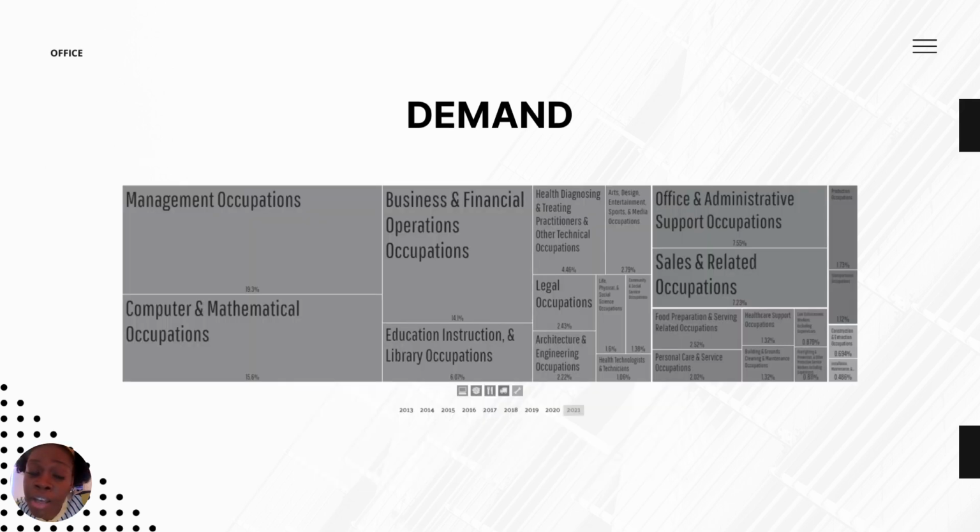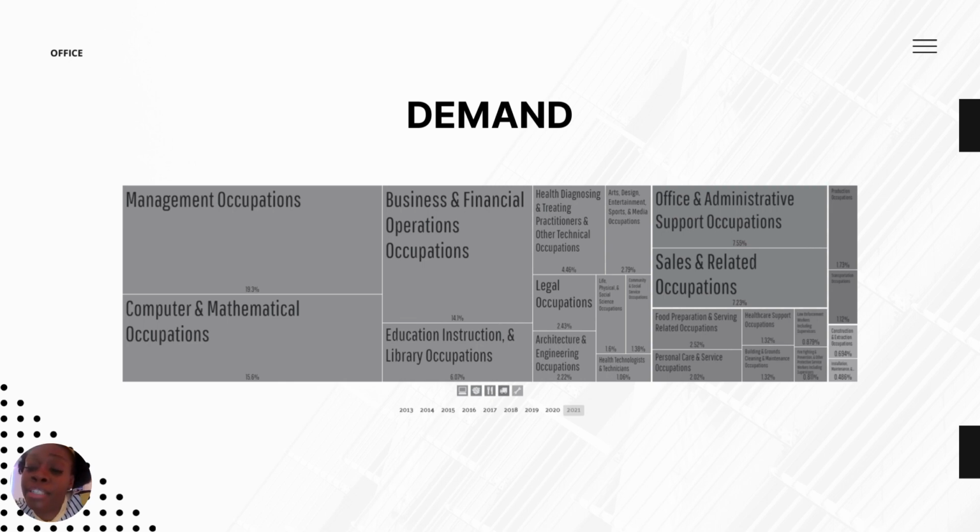So in demand, I focused on employment and the change in employment, what drivers were growing and what employment was decreasing in the area.